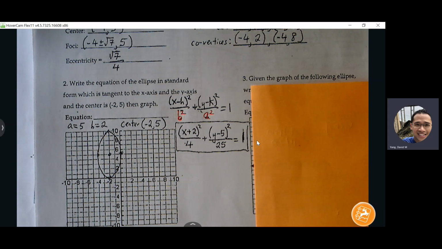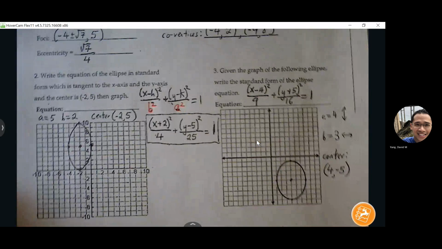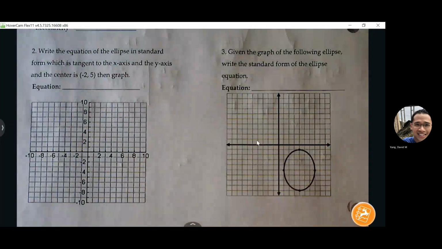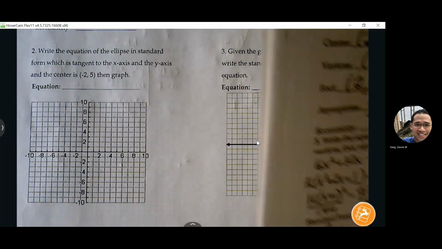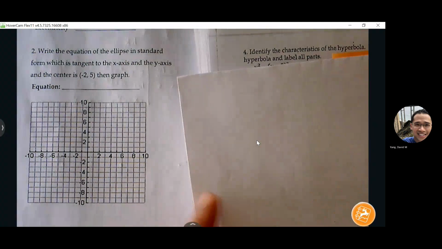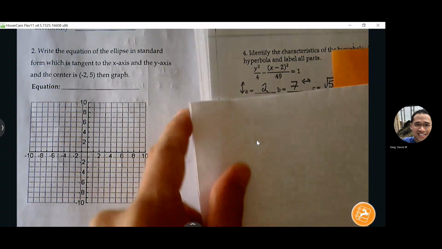From there, you can decide whether to put the a squared or b squared under the x or the y. If you're good with page 26, go to page 27.